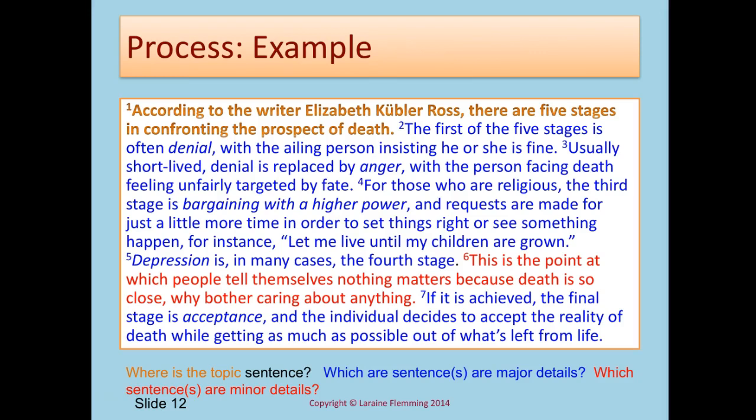The other thing that the authors of this particular paragraph did was to put each of the steps in italics. So we've got denial, followed by anger, followed by bargaining with the higher power, following depression, and then acceptance. The only minor detail in this paragraph is sentence 6, which describes what depression looks like or sounds like.